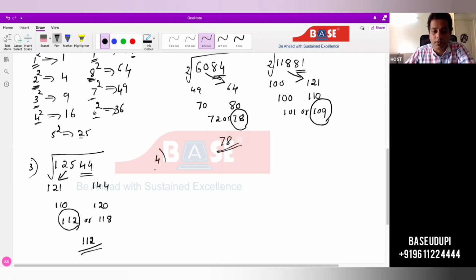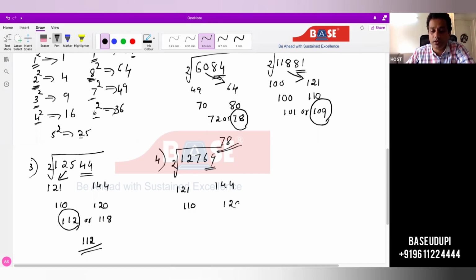All right. The fourth one, say 12769. You are finding the square root. Skip the last 2 digits, what is left out is 127, between 121 and 144, 11 square and 12 square.